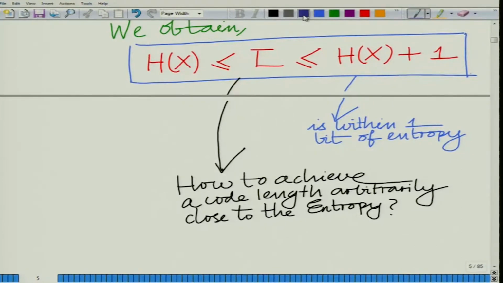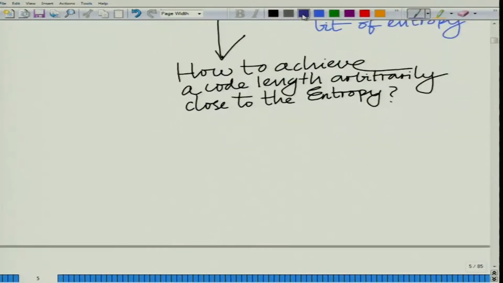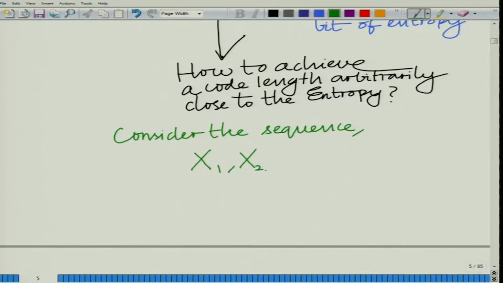For that, let us consider a sequence x1, x2 up to xn.